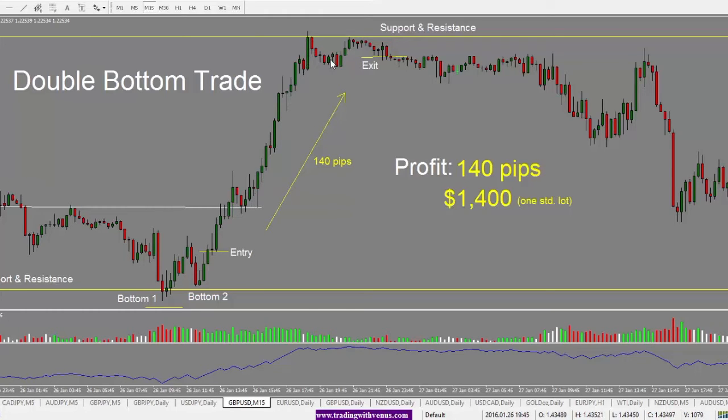Once we start to see red candles, we haven't really seen any strong red candles here. They're all smaller than the green ones, so we stay with the trade. Once we notice that the price is not willing to move any higher, it's time to exit the trade. In this example, from entry to exit here, we have 140 pips. So our profit would be 140 pips, or $1,400 if we are using one standard lot.